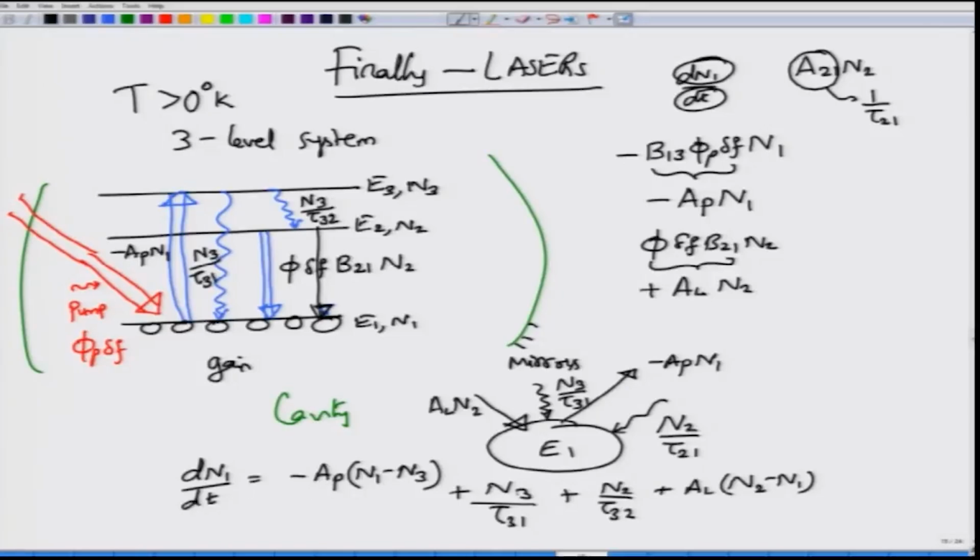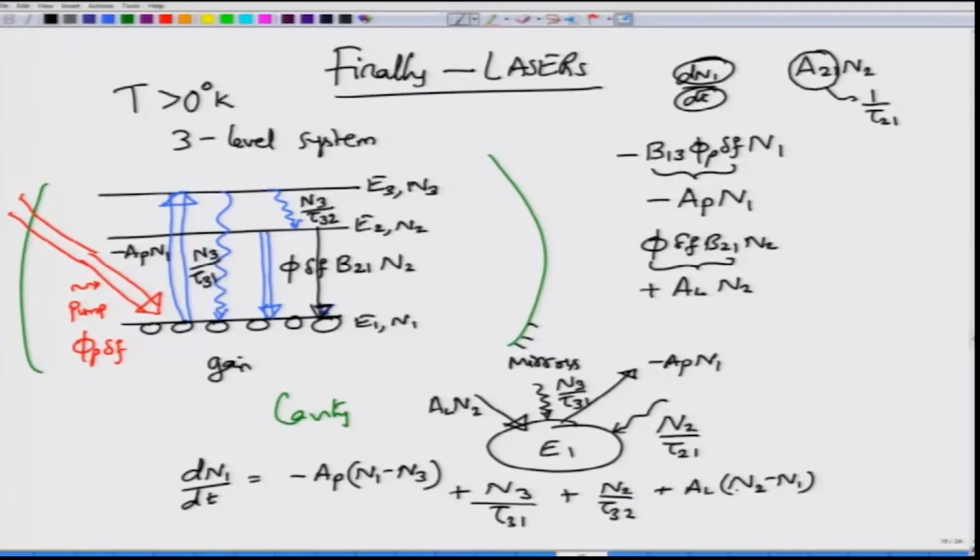However, spontaneous emission does not depend on N1 when you look at spontaneous emission from E3 to E1. So, this is just N3 by tau 31, similarly N2 by tau 32. But for the lasing, or the stimulated emission, what you have is the effective population difference N2 minus N1 times whatever the pump or the emission cross section is, and that is what would count.